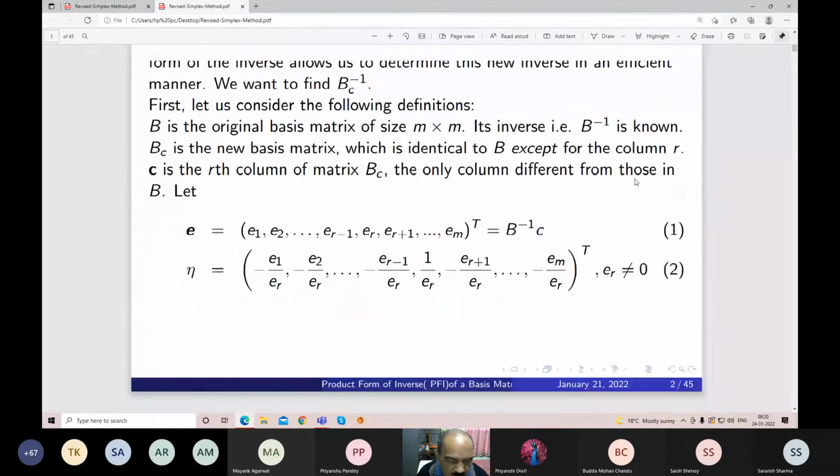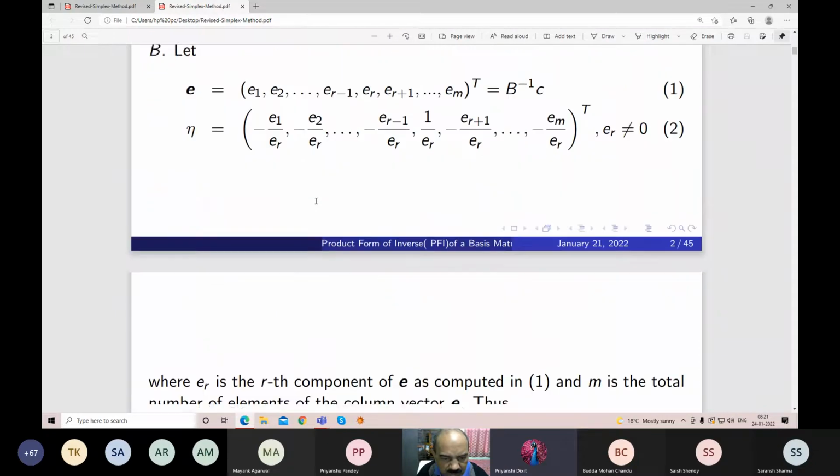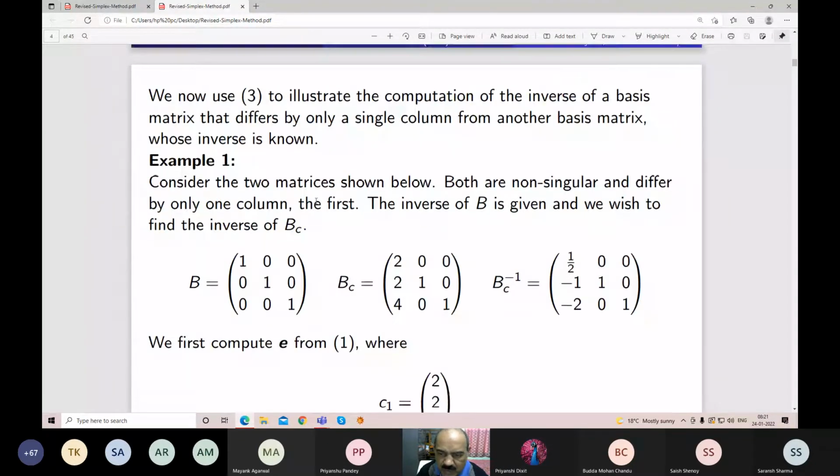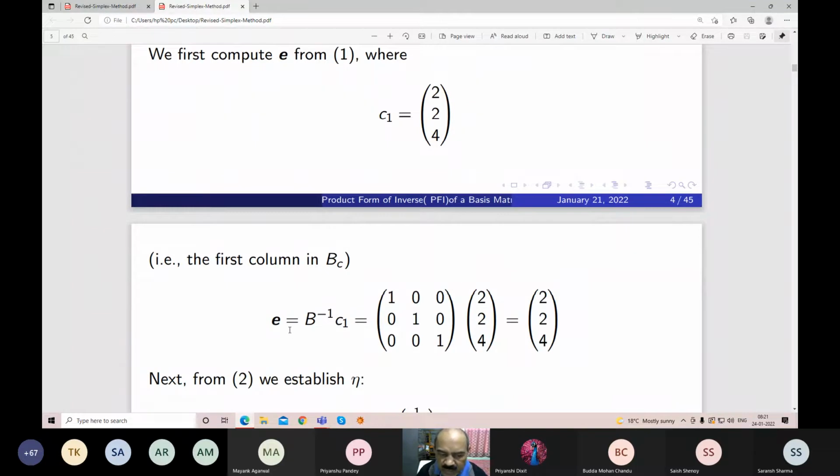Eta equal to minus E1 divided by ER, then minus E2 by ER. See, which column we are taking here? In general, I am considering Rth column. In my example, R equal to 1. If I am taking R equal to 1, you can see here the elements in the E vector are 2, 2, 4.